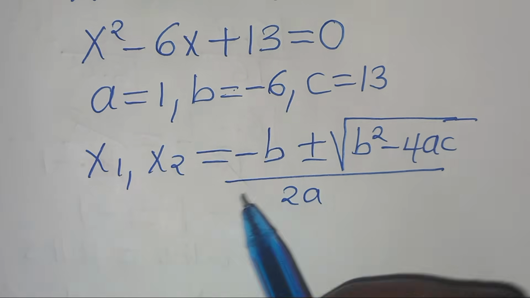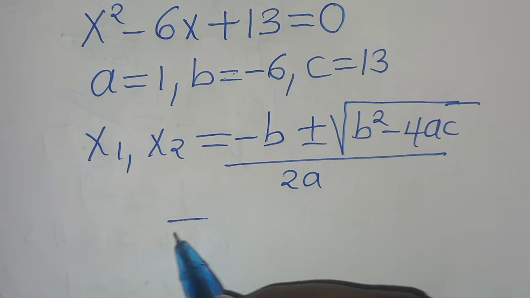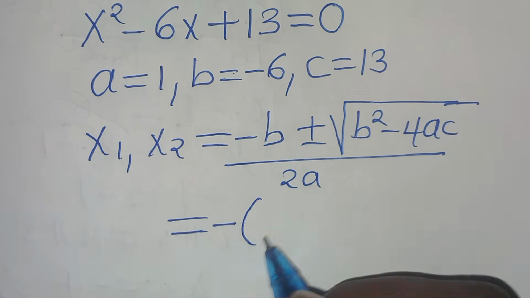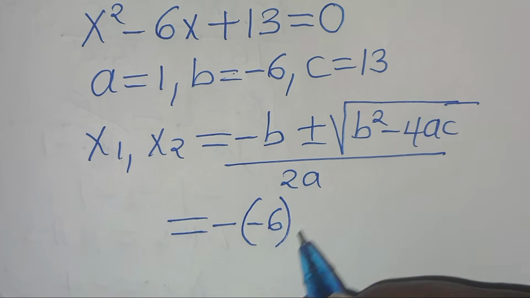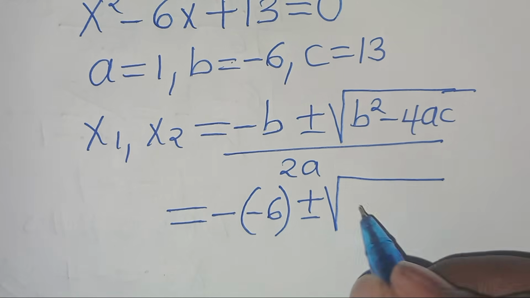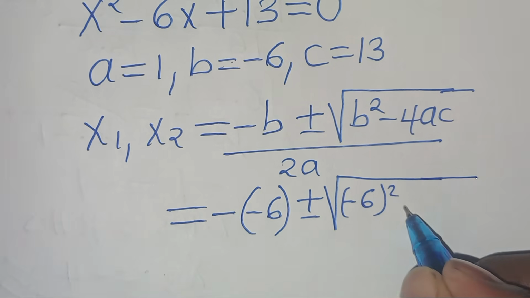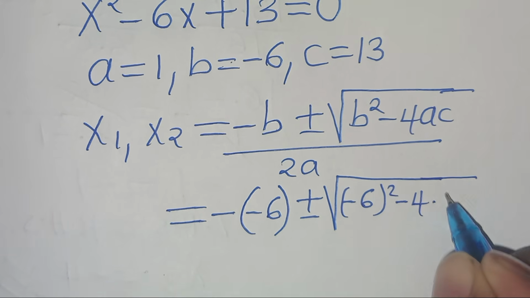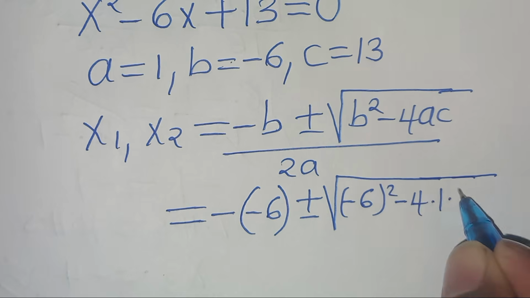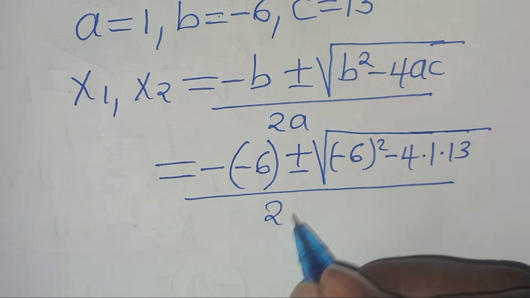Now let's substitute a, b, and c: negative times negative 6, plus or minus the square root of (-6)^2 minus 4 times 1 times 13, everything divided by 2 times 1.